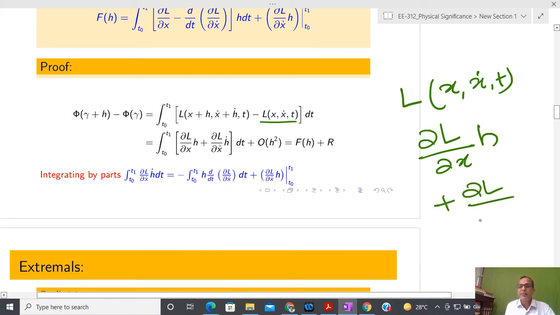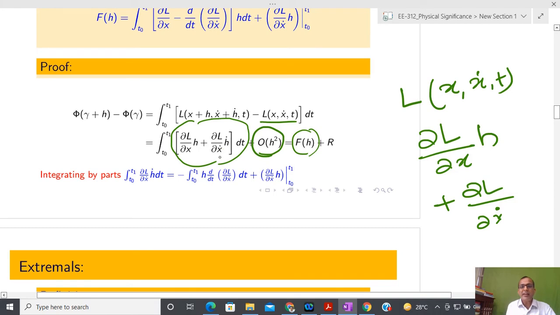Similarly with respect to x dot, I have x dot plus h dot minus x dot, so h dot, and after that I am going to collect all the higher order terms. Now I am going to write this as Fh plus R. It is possible to show that the part I have written like this satisfies the property of a linear transformation. So please check it by yourself.